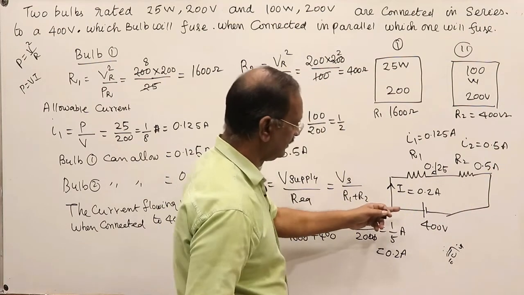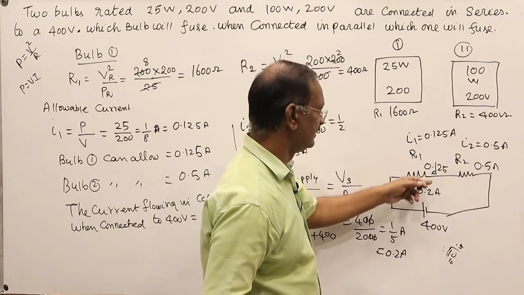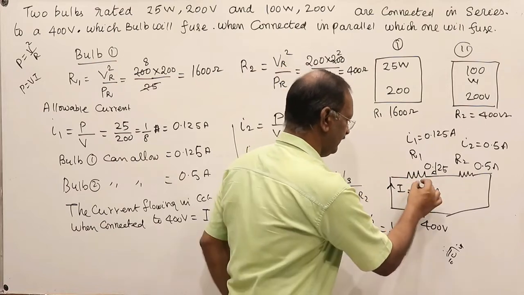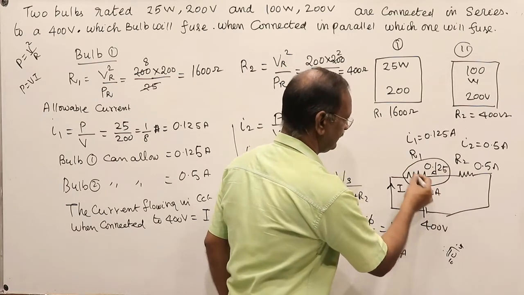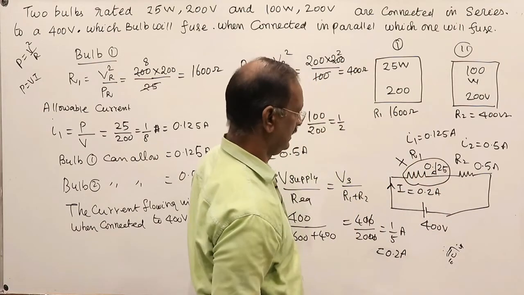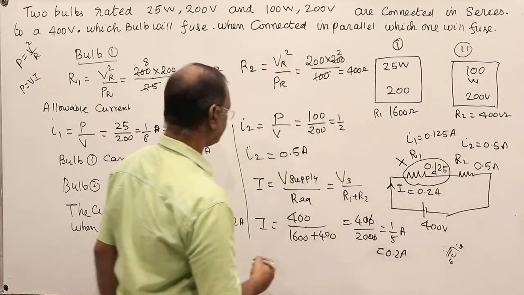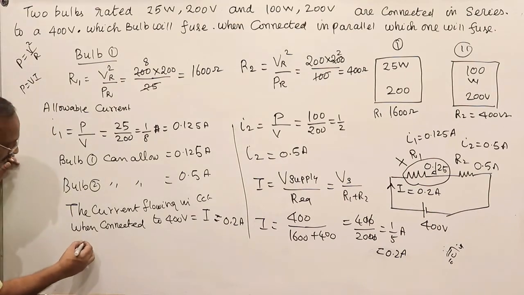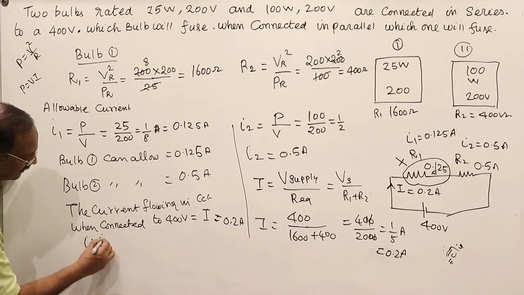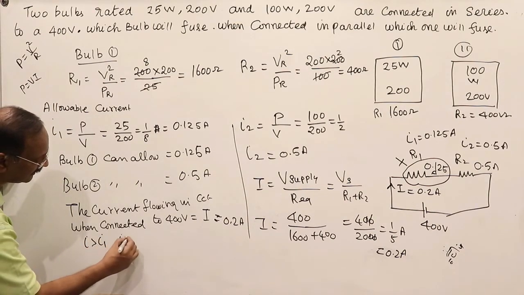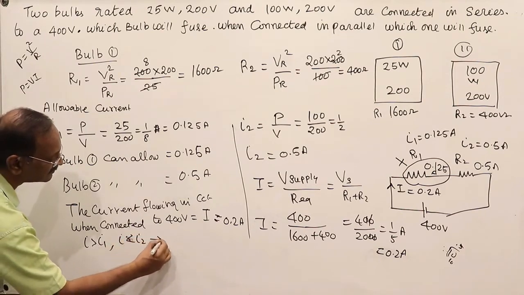This current is more than the rated value of bulb 1, so it will fuse. You can say I is greater than I1 and I is less than I2. It means what?